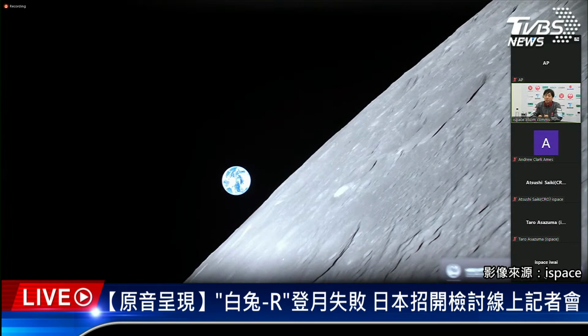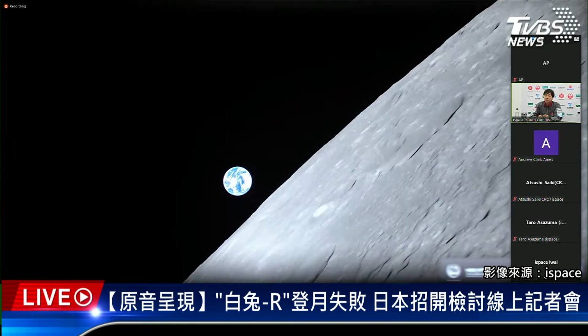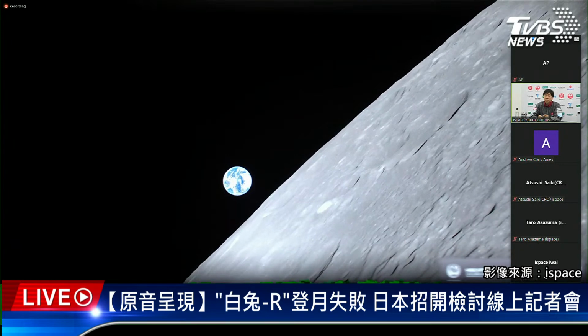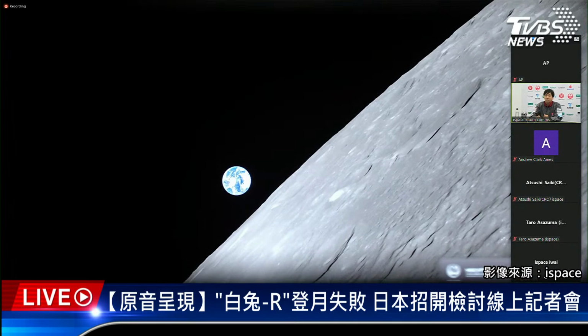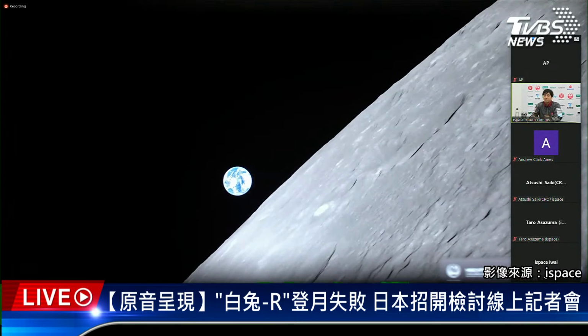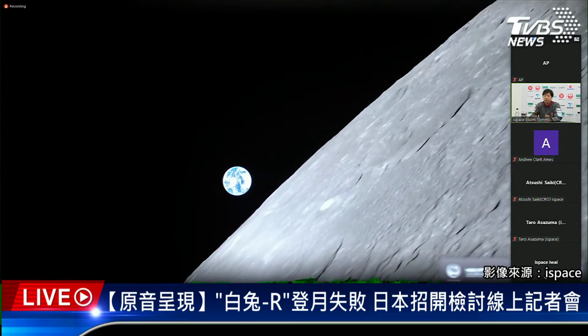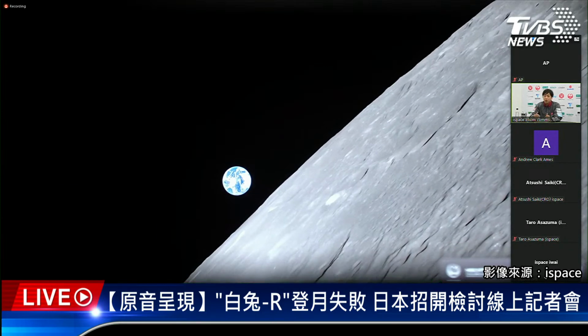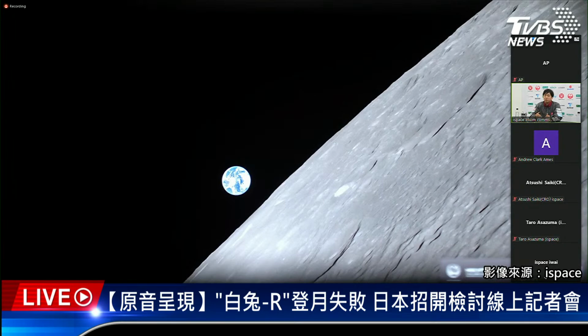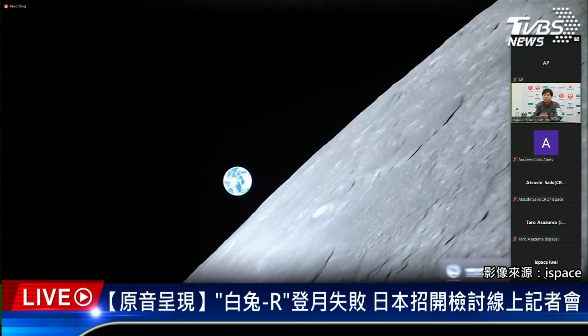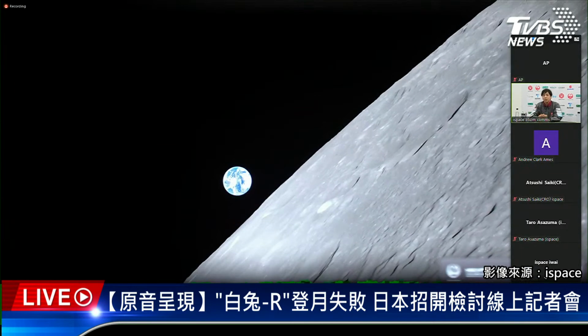I know a few government space agencies already took this type of movie or picture before. However, we, iSpace, are a commercial company, but even a commercial company can realize this type of really impressive lunar movie. And please move on to the next slide.